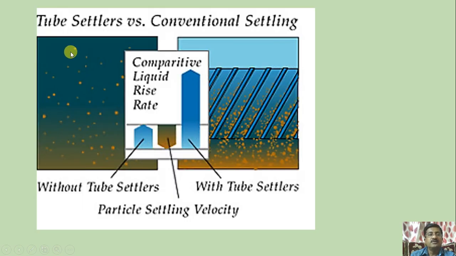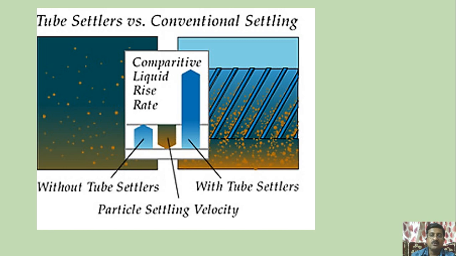Okay, now you can see tube settler versus conventional settling. This part only shows the conventional, where in the sedimentation tank we are only keeping the water stagnant for some time. It is called the detention period.